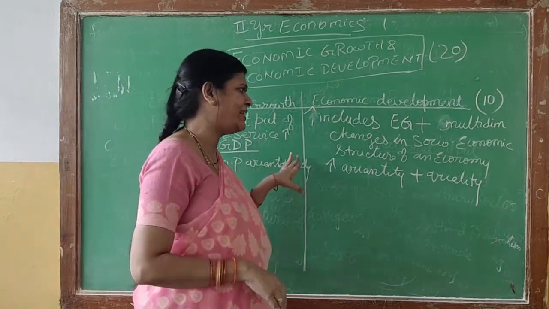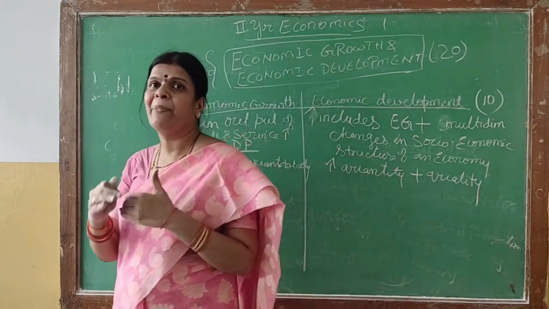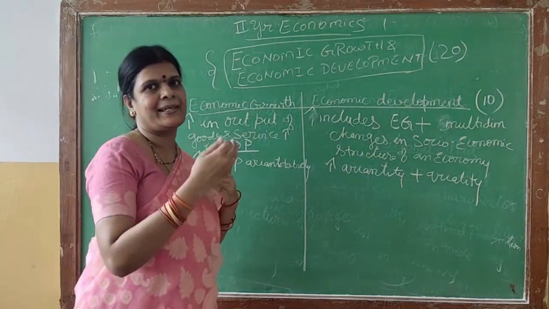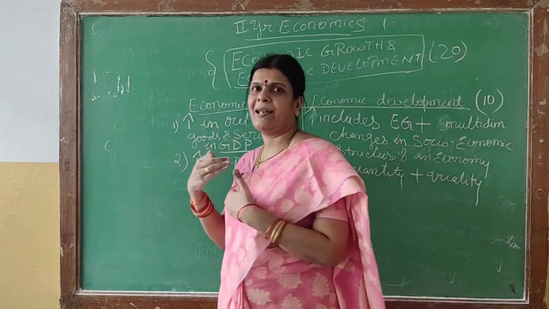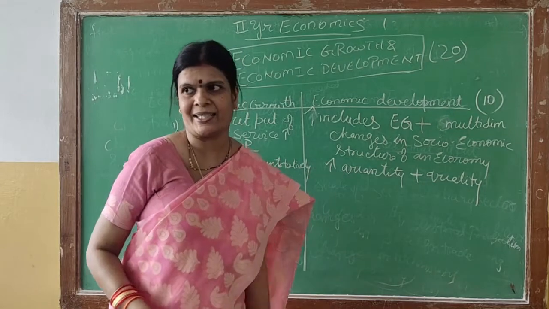So why is there a low standard of living in developing countries like India? The main thing is poverty. Because of poverty, there is less employment. Because of less employment, there is less income. We don't even have health facilities.